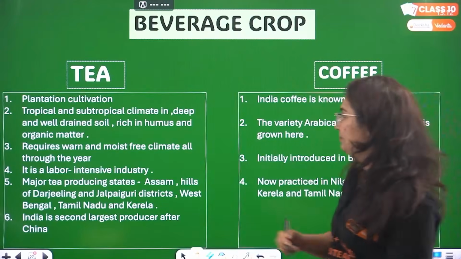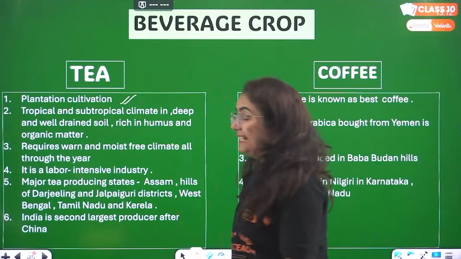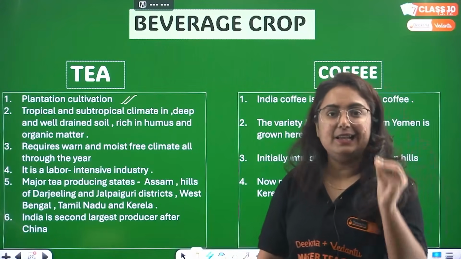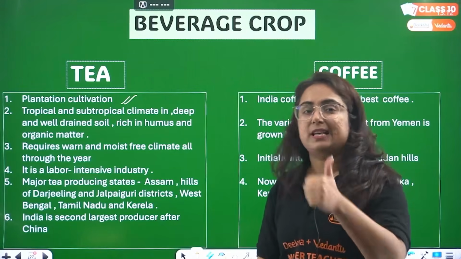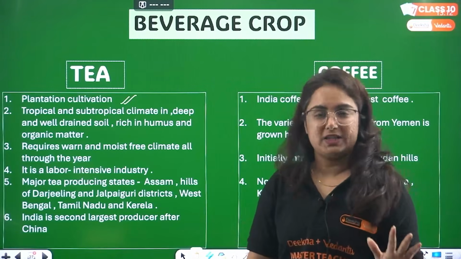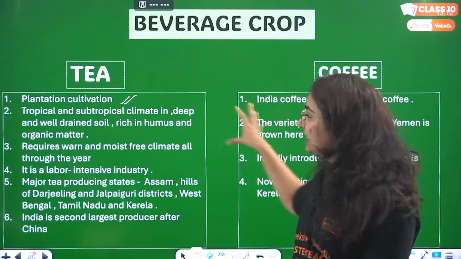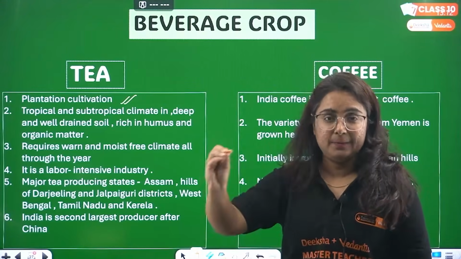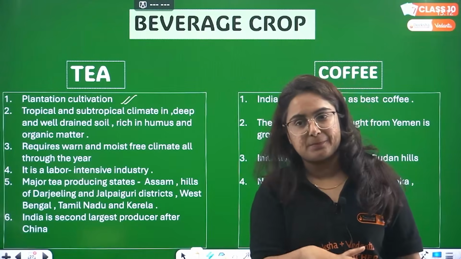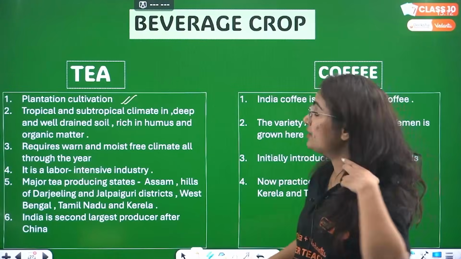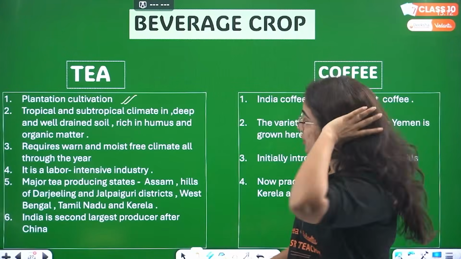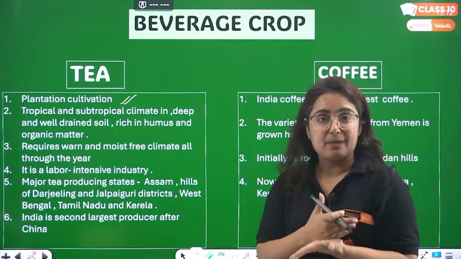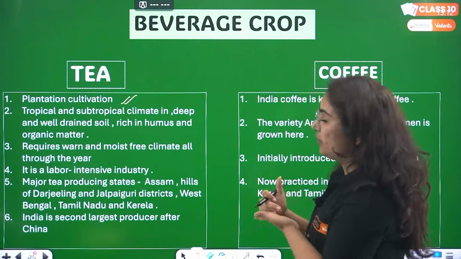So yes, it is a type of plantation cultivation, when in a single farmland one single type of crop is grown. Both tea and coffee are examples of plantation cultivation. This can be the heading or the introduction of the answer. We are reading beverage crops. The first one here is tea, which is an example of plantation cultivation.